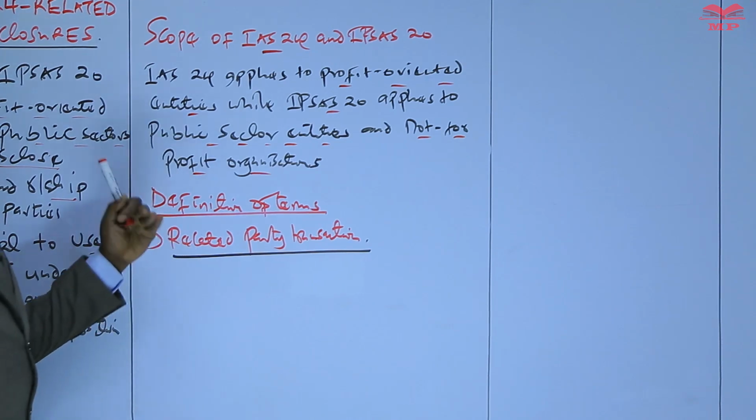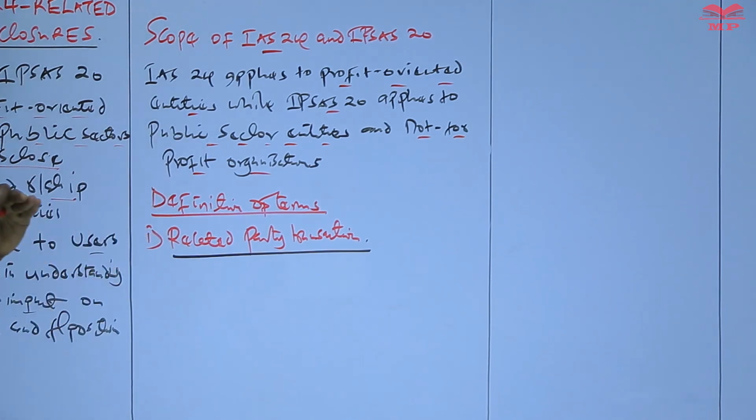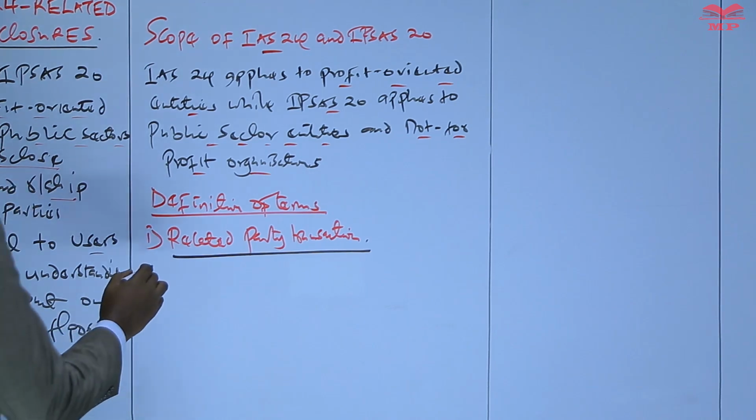But this particular transaction, specifically under IAS 24 and also under IPSAS 20, is defined as what?